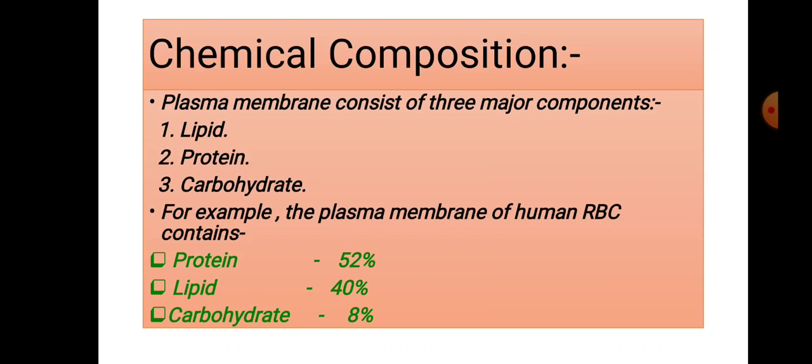Chemical composition: Plasma membrane consists of three major components: first lipid, second protein, third carbohydrate. For example, the plasma membrane of human RBCs contains protein 52%, lipid 40%, carbohydrate 8%.